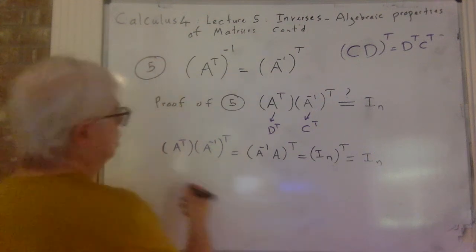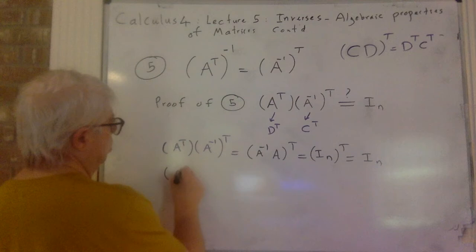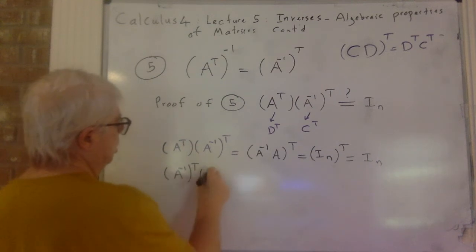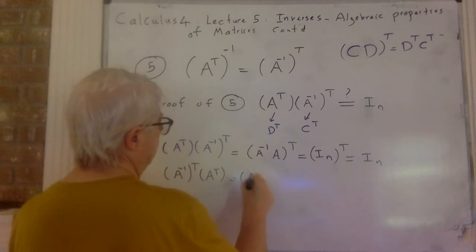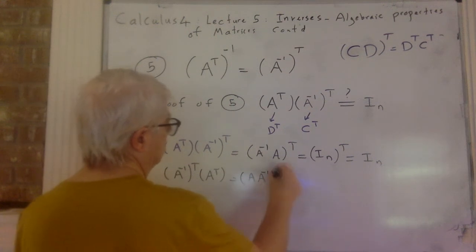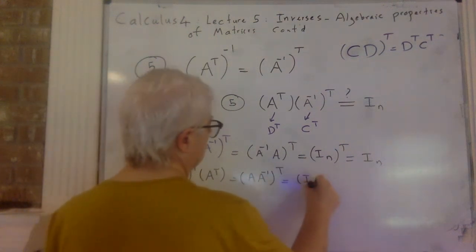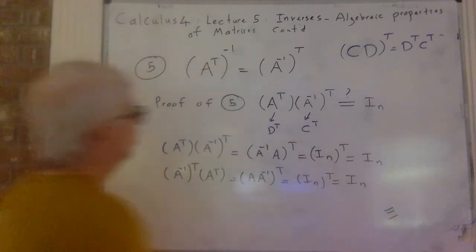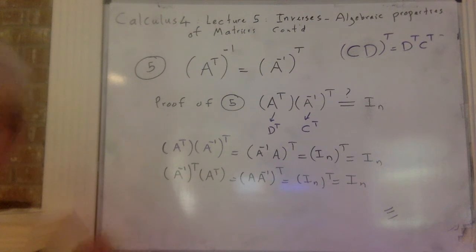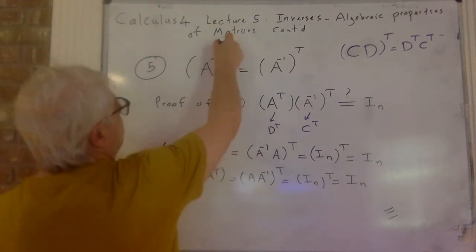You can easily prove the other way. A inverse transpose A transpose, then again flip this thing. So that is A A inverse transpose, which is again I_N transpose, which is I_N. So what does this tell me? It tells me that you can interchange inverse and transpose.